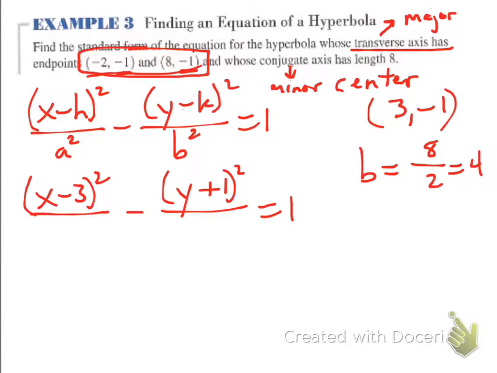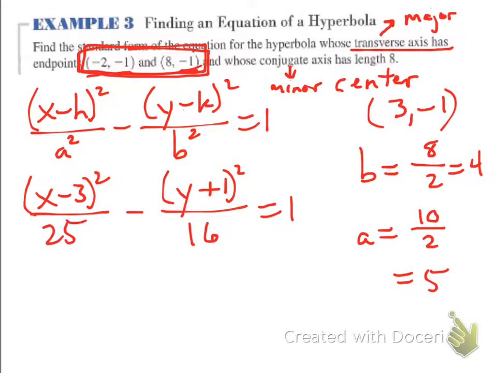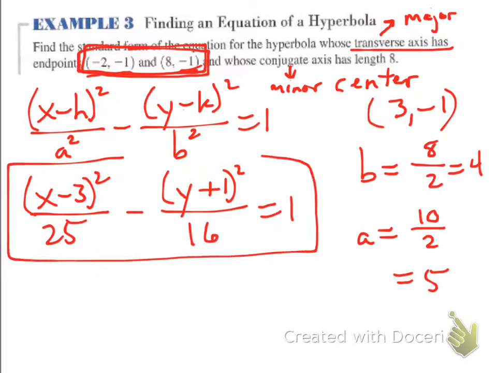So b is 4. So 4 squared is 16. And then a, the length of a, use these 2 points, is 10 divided by 2, which is 5. 5 squared is 25. And there's our equation. That's how you do it.